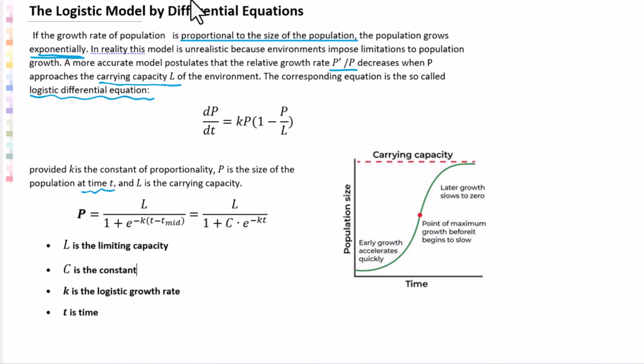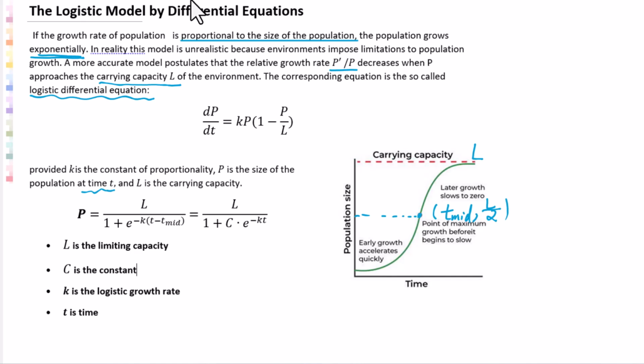This is the graph of a logistic model. The carrying capacity is L. This is the point of maximum growth before it begins to slow. This point has y coordinate L over 2.